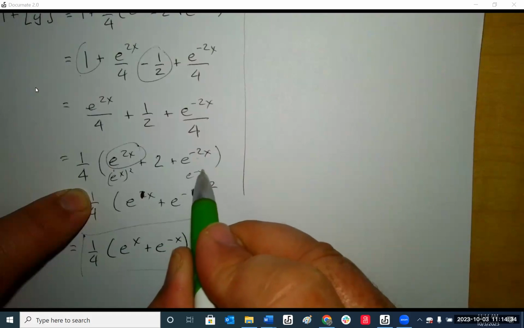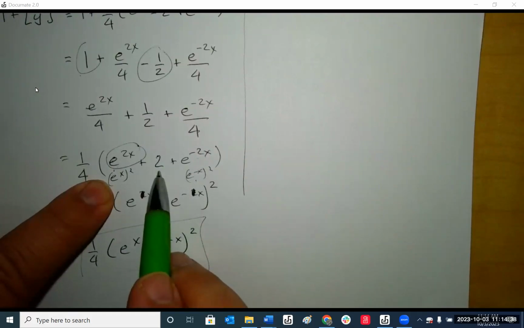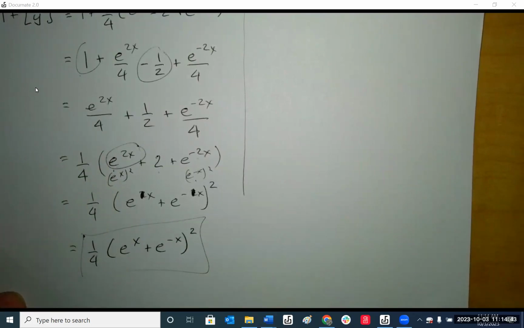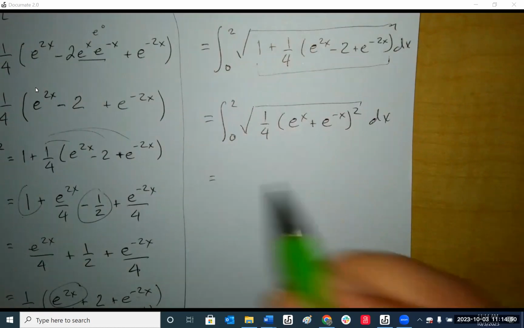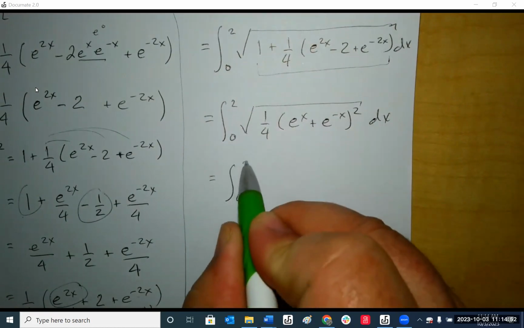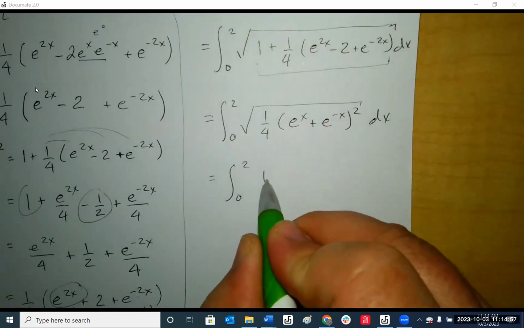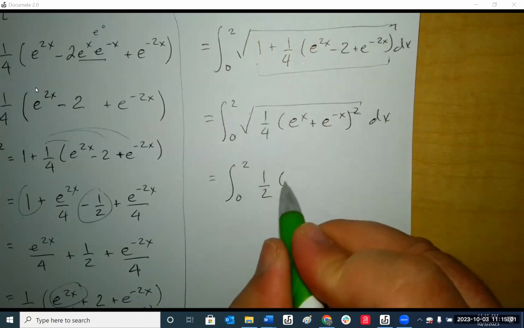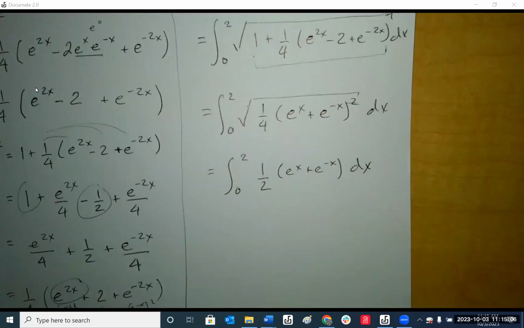This one came from e negative x squared. And if you multiply these two together, you get that, 2 e x negative x. So it's a perfect square. Okay, so square root of 1/4 is 1/2. And the square root of that, so it's e x plus e negative x dx.